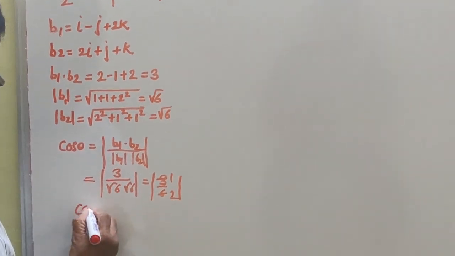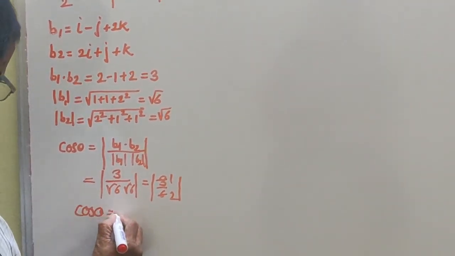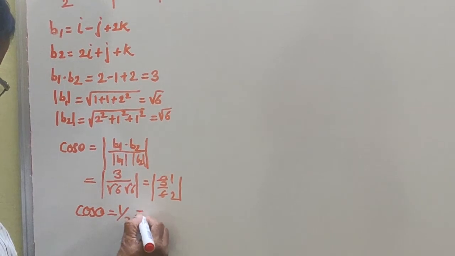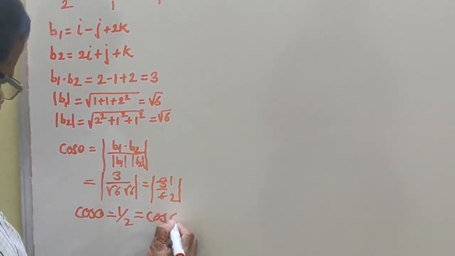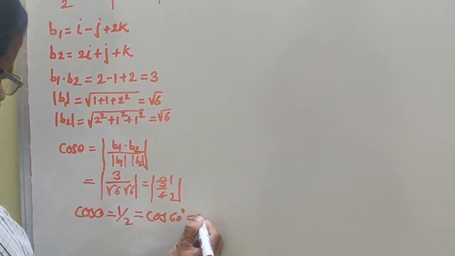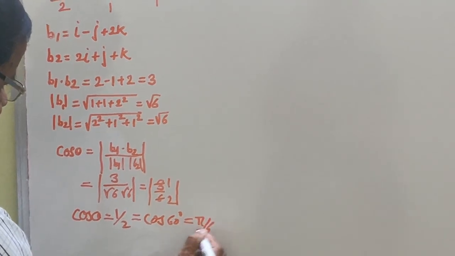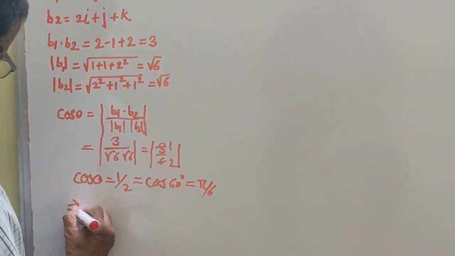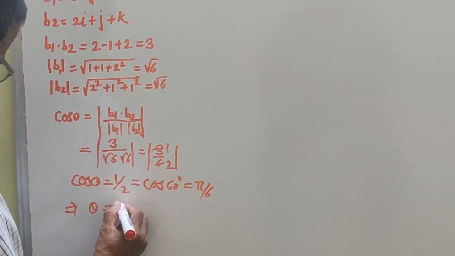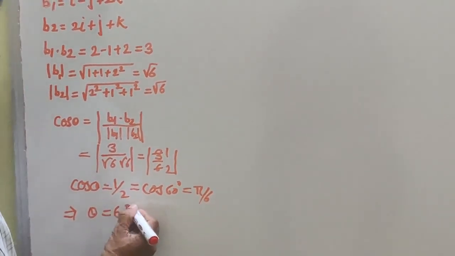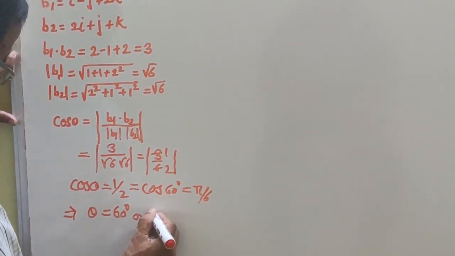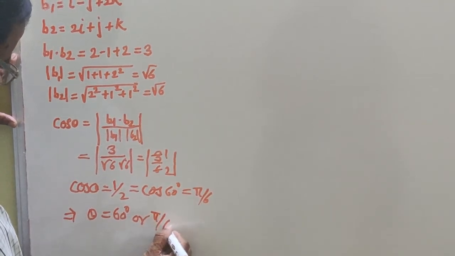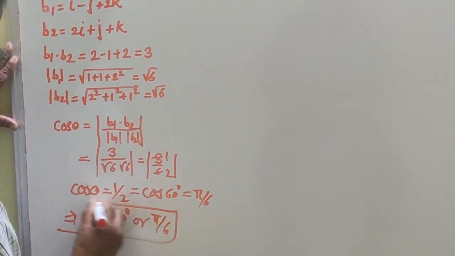Cos theta is equal to 1 by 2, which is cos 60 degree, pi by 3. This implies theta is equal to 60 degree or pi by 3. This is the required answer for the given problem.